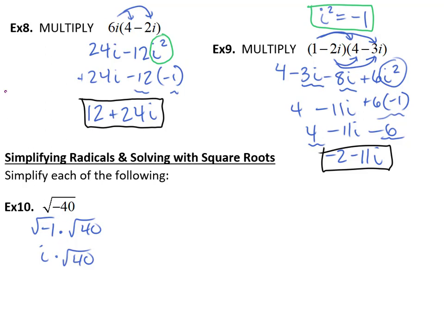Now simplifying radicals, it might have been a little while, but you guys have definitely practiced this before in Algebra 1 and in geometry. So you want to do a factor pair tree or factor tree. You can do 4 times 10. 10 exists as 2 times 5, and 4 is 2 times 2. And you can look for pairs of factors, right? That's basically guaranteeing a perfect square there.